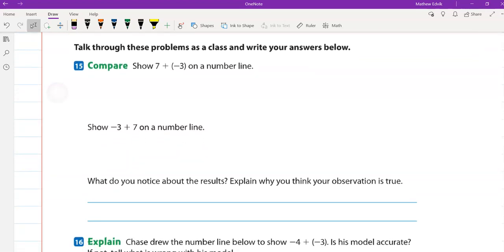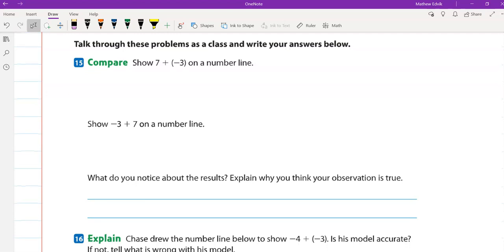So the first thing that I'm going to do on number 15, since it says compare, showing 7 plus negative 3 on a number line, and showing negative 3 plus 7 on a number line, is that we are going to draw two number lines.